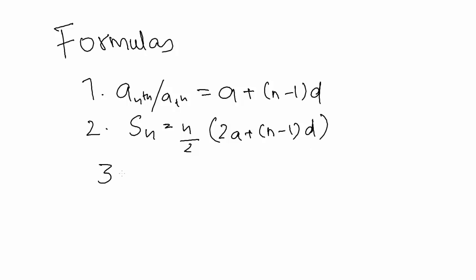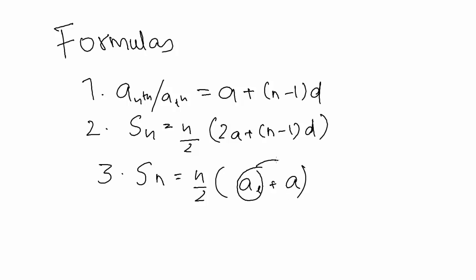Another one you're going to be using is Sn is equal to n by 2 into al plus a. Now what's this al? Al is your last term. Like maybe your series goes like 1, 3, 5, 7. 7 is your al. Okay? Now I'm gonna rub that off.